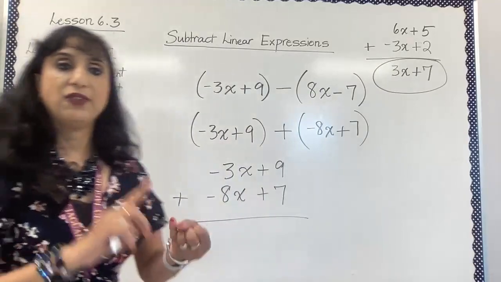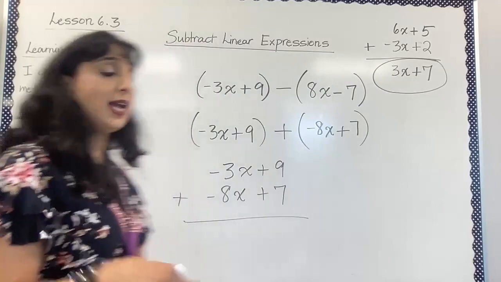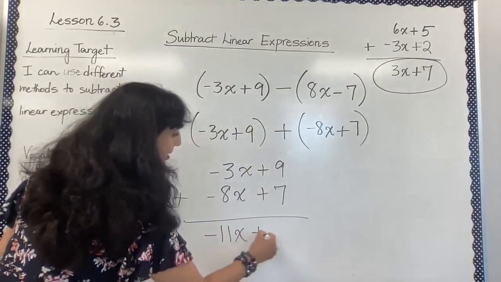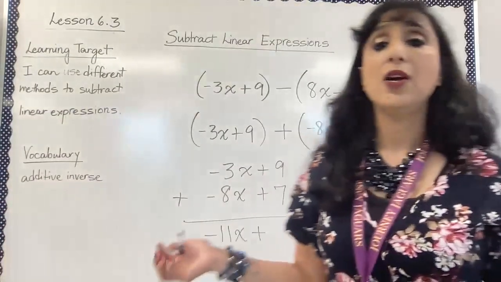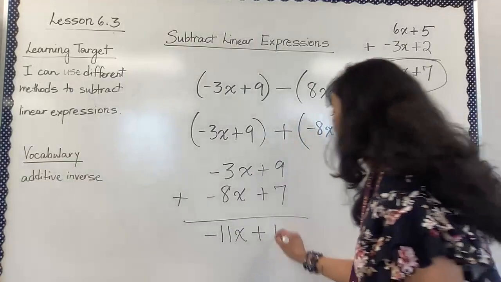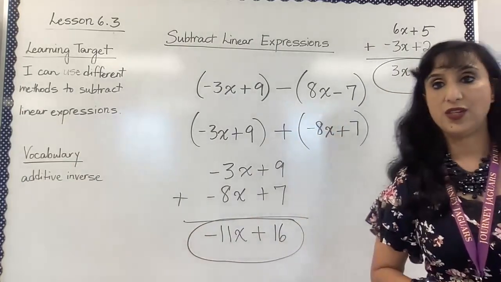I have negative 3's and negative 8's, so 3 plus 8, and I get negative 11x plus 9 plus 7. Same sign, so I just add them and I get 16. And so here is my final answer to this one.